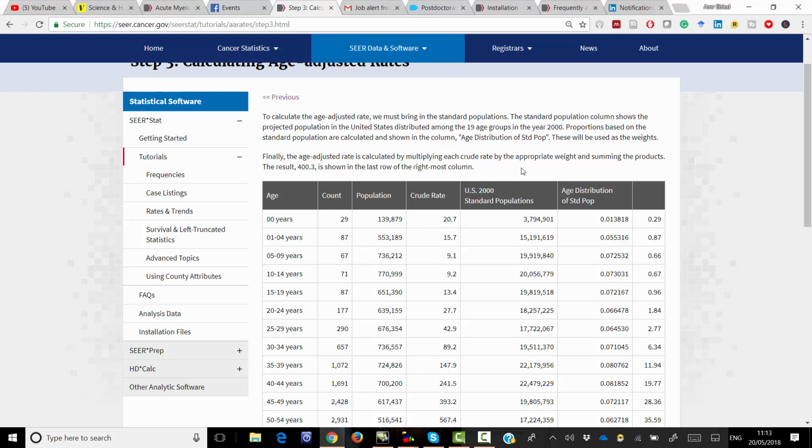But if we compare this to a standard population in which another distribution of the age groups is presented, then I can relate this crude rate to this standard population to get a standardized age-related incidence rate, and that will be more accurate and more suitable for comparison.